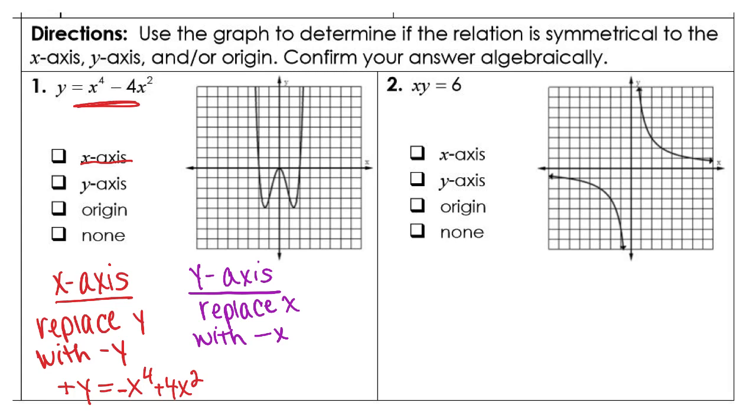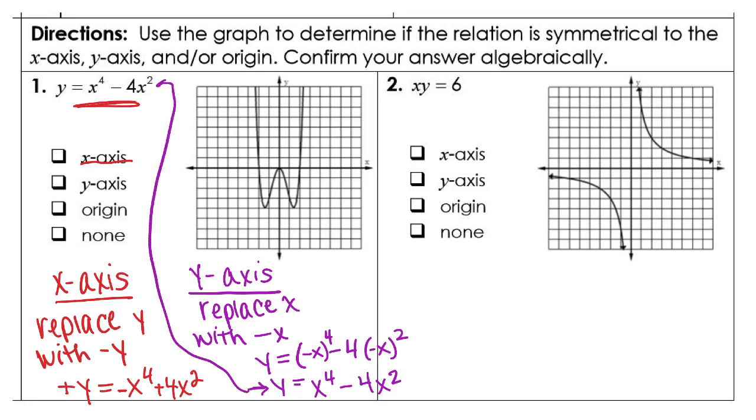So we still have y equals, and then negative x raised to the 4th minus 4 times negative x squared. Once we work that out, notice we do maintain the original function. This is exactly what we started with way back up here. So we are symmetric about the y-axis.